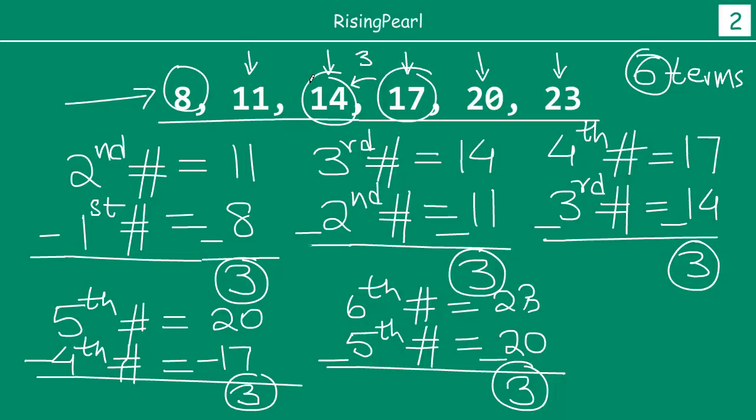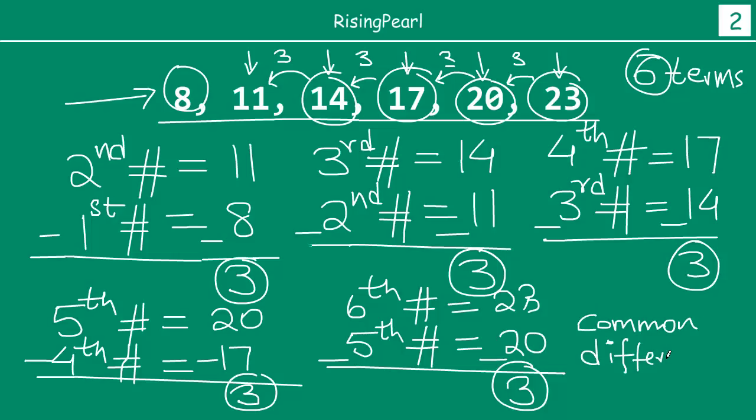Similarly, the difference between 14 and 11 is 3. 20 and 17 is 3. 23 and 20, the difference is 3. So 3 is the common difference in our first series of numbers.